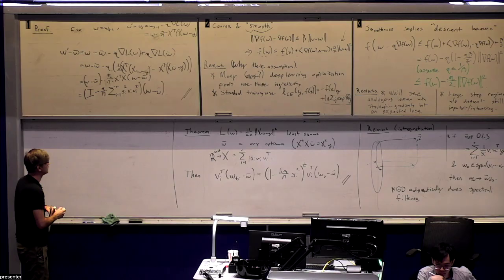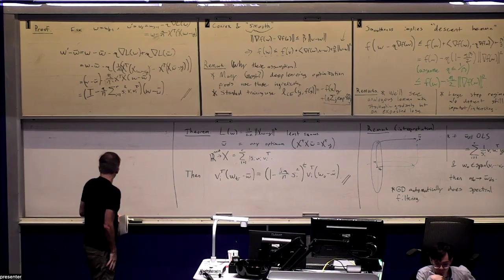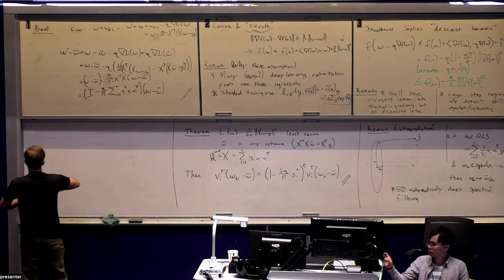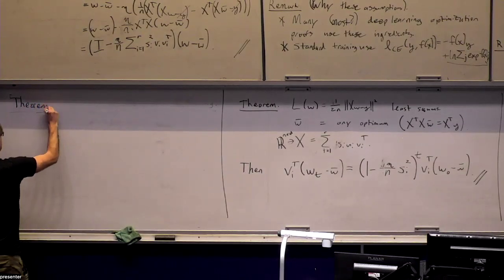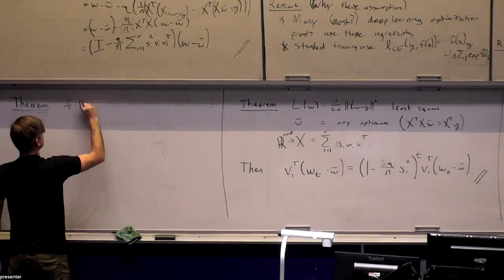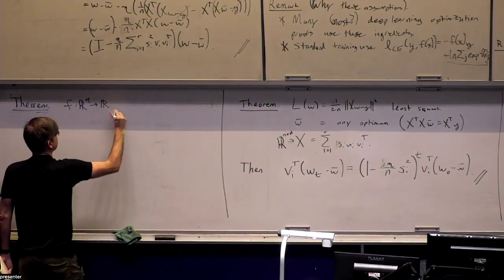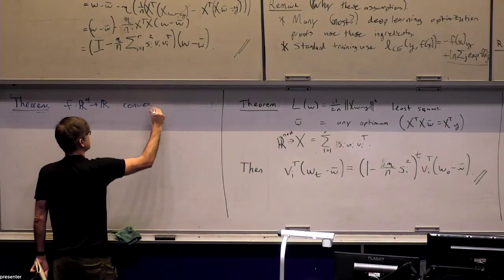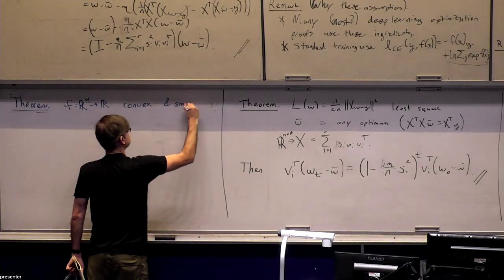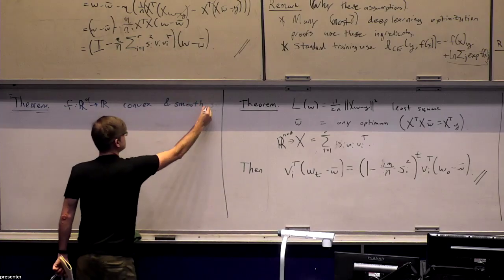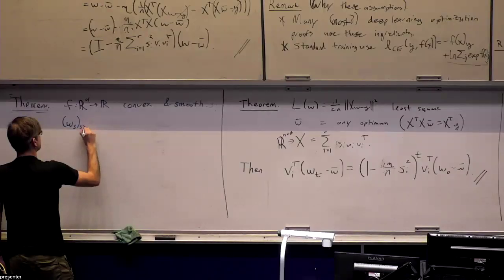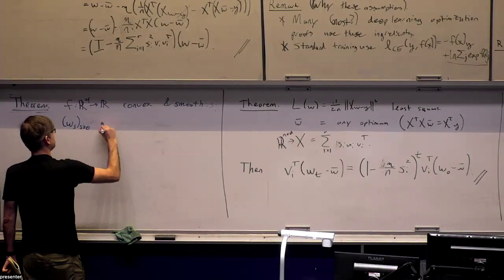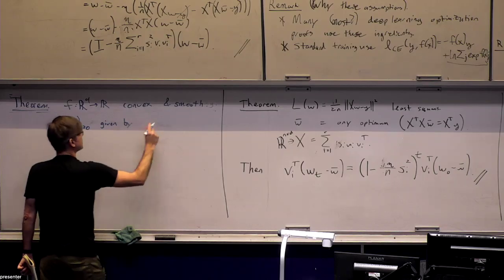So now if I have F is convex and smooth, okay, this iterate sequence is given by, let me say beta smooth.